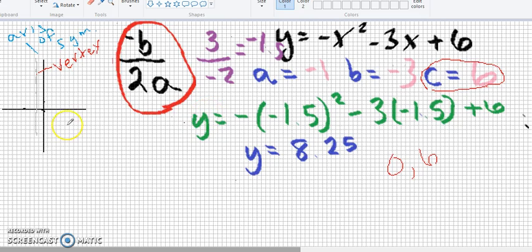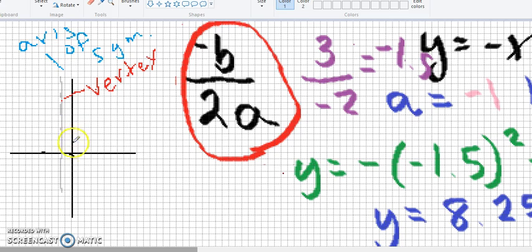And we can go back to our graph and graph that. 0, 1, 2, 3, 4, 5, 6. And so that point is right there. And then we can reflect it over our axis of symmetry. So we bring it right here. And that point is (-3, 6).